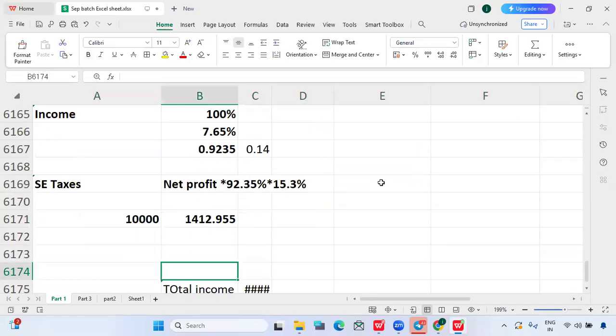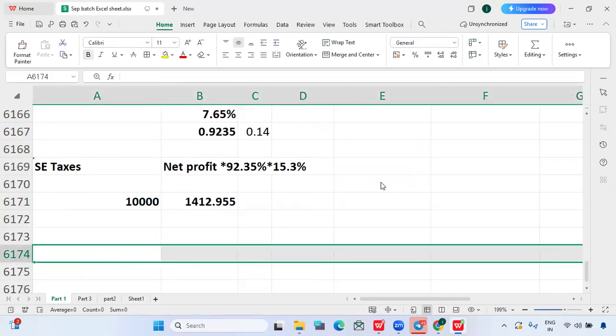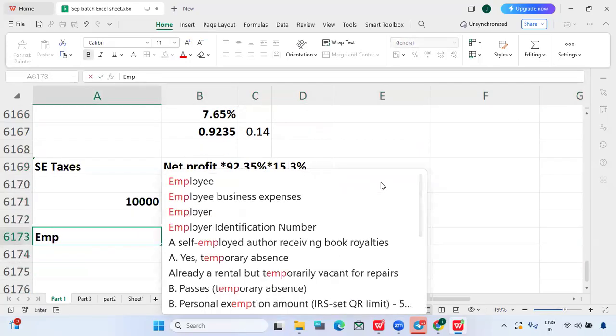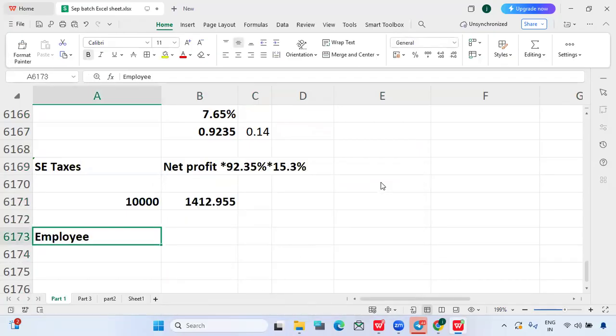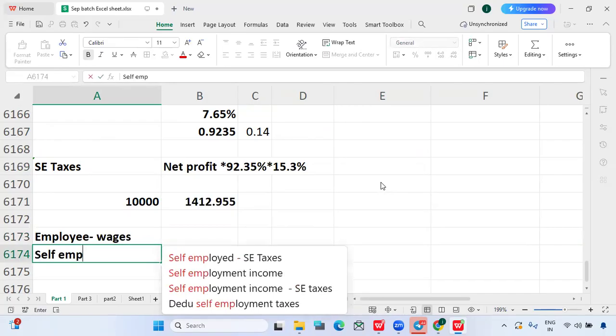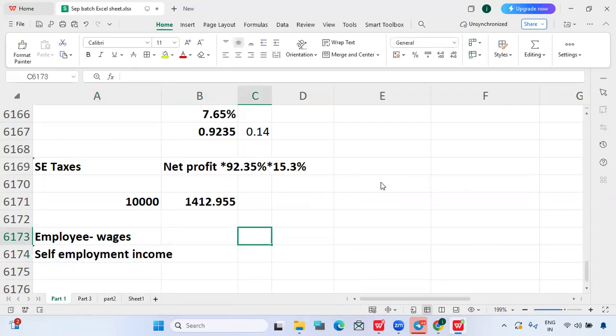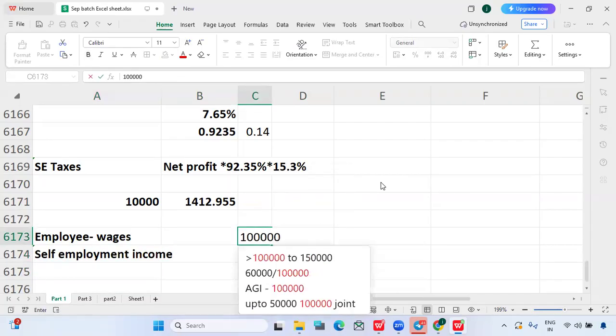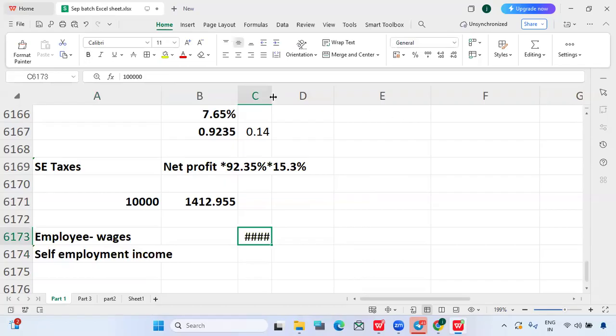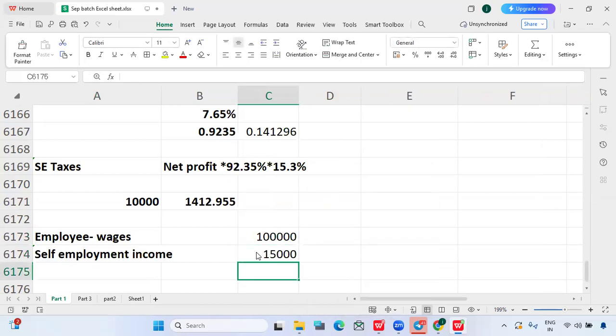Let's say the taxpayer is an employee, getting some income from wages, and he's also doing some side business, so self-employment income. Say wages are $100,000, and he also has self-employment income of $150,000. Side business is high.